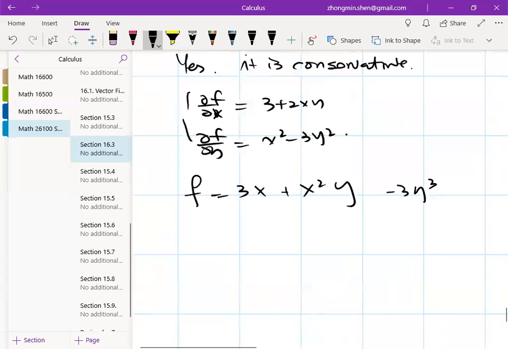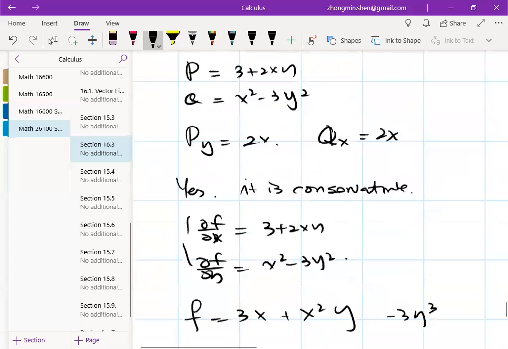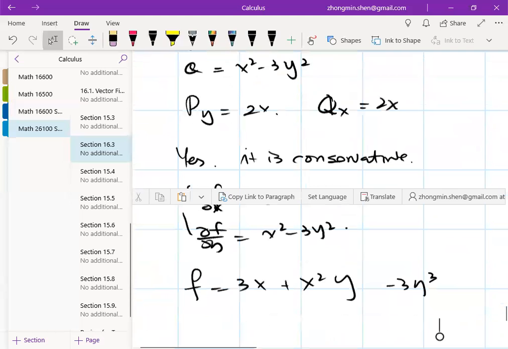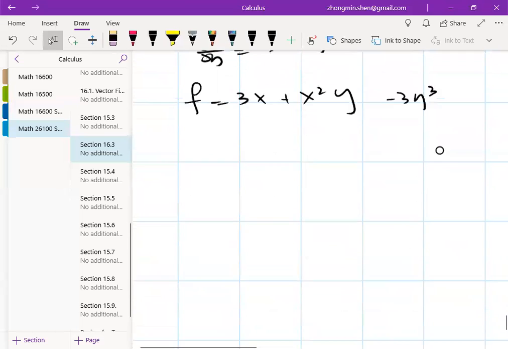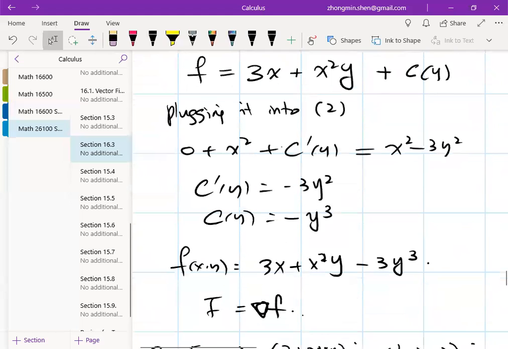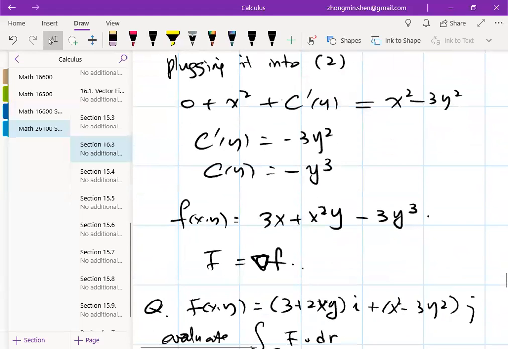Let's go back, let me double check. We did a computation, that's right. Negative 3y squared.